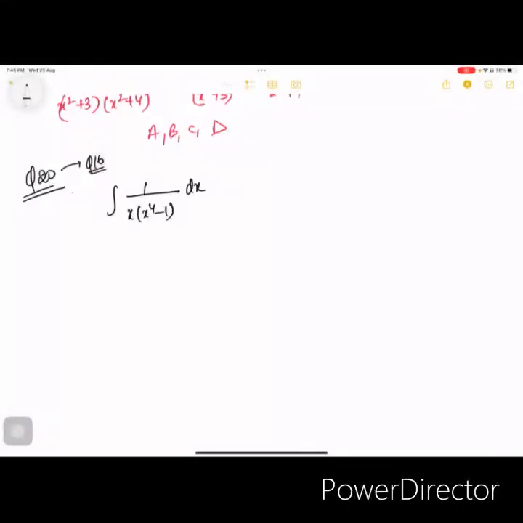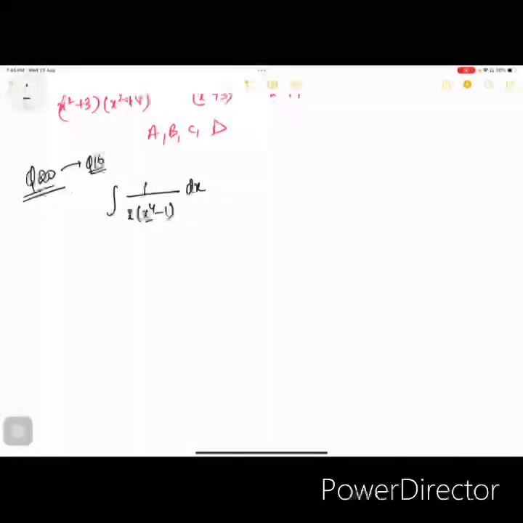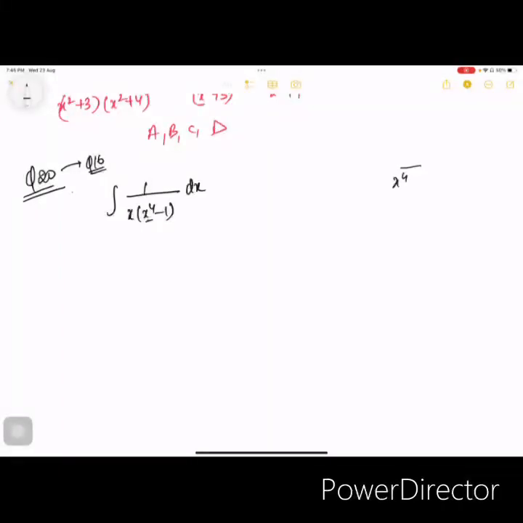It is power 4. It will be a difficult question if I'm talking about partial fraction applying, because if in denominator we have this, so in numerator we have to write cube form, b square x d. It will become a tedious job to calculate these values.